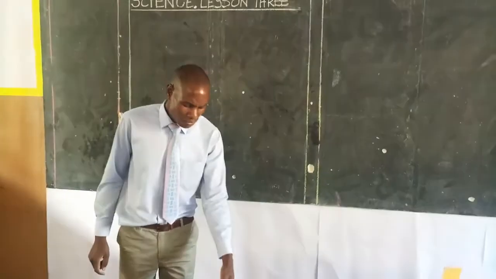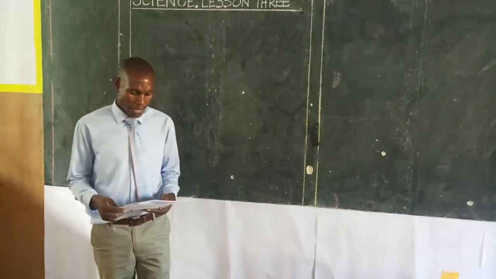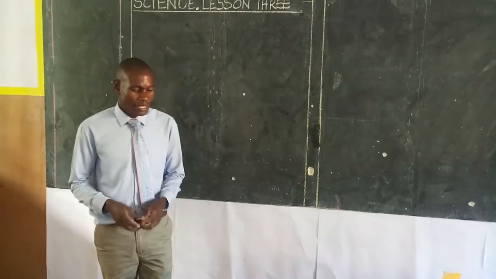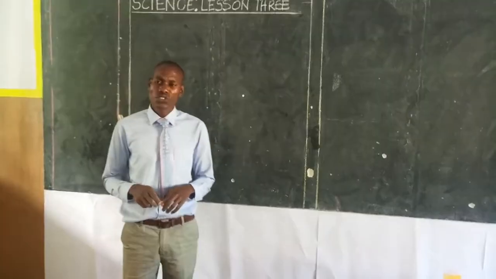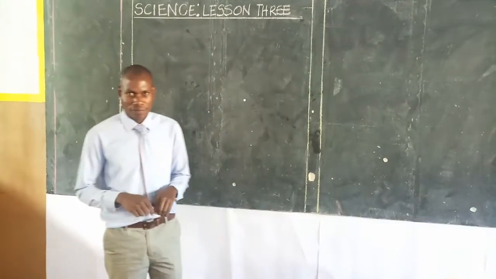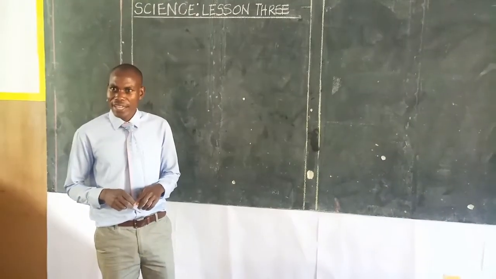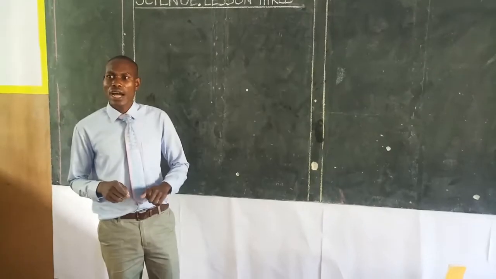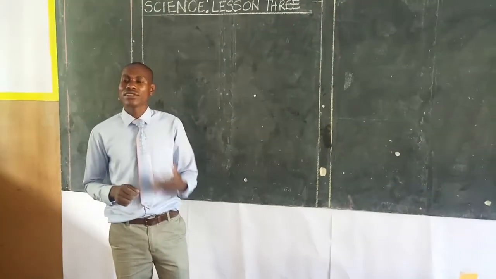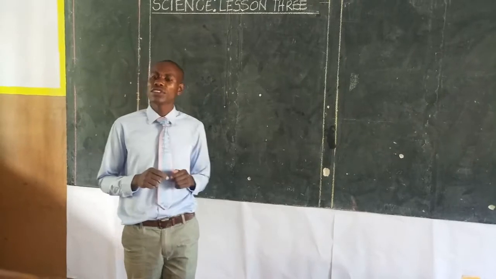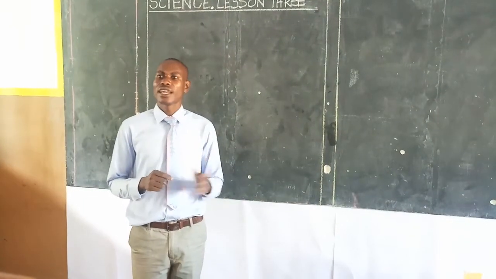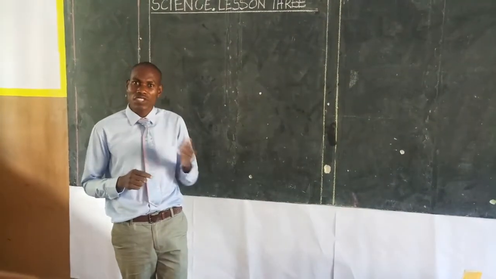That lesson had the first question as give 2 uses of light. And I remember we learned and said that one of the uses of light is light enables us to see.